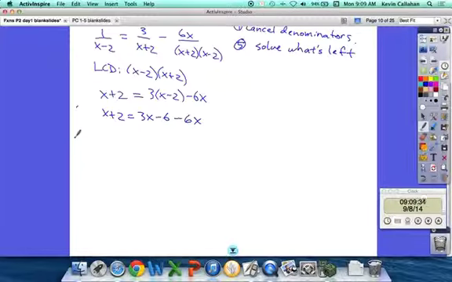Combine like terms on the right. Which are the like terms? The 3x minus 6x, right? So x plus 2 equals negative 3x minus 6. So that's a straight linear equation at this point. Which term would you add or subtract next?